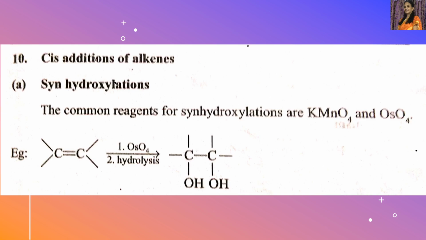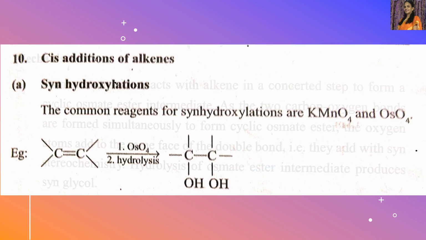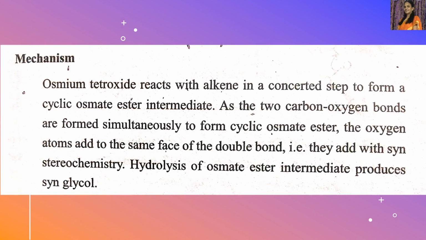Here the pi bond breaks in the alkene, and two new sigma bonds are formed between the two doubly bonded carbon atoms and the two OH groups. Thus, the final product obtained is glycol, syn glycol. Now, let's see the mechanism.